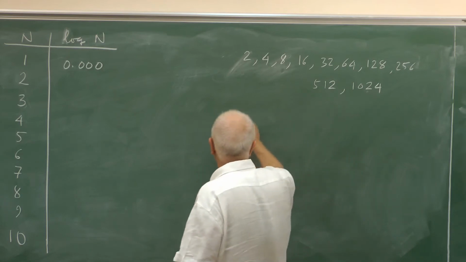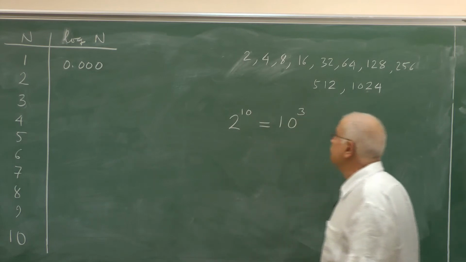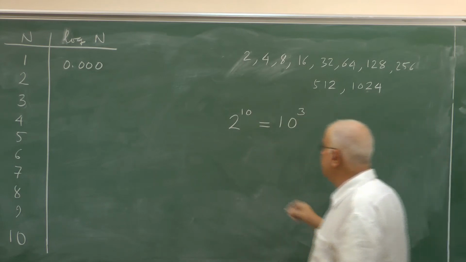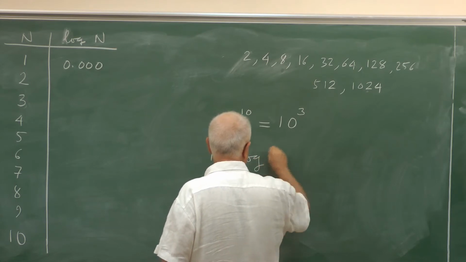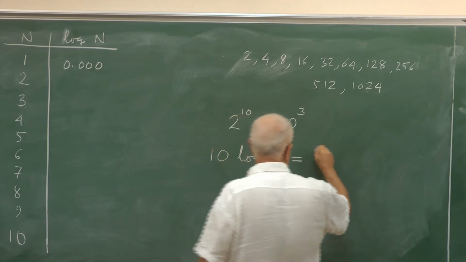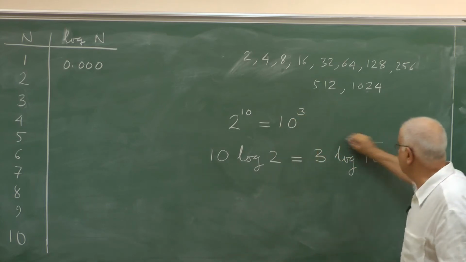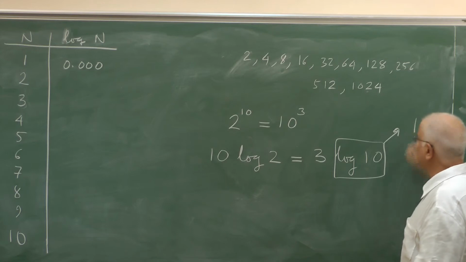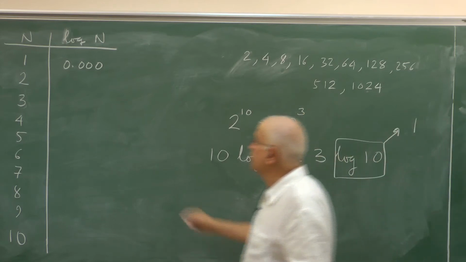Therefore, 2 to the 10 is 10 to the 3. So I go 10 times logarithm of 2 equals 3 times logarithm of 10. But logarithm of 10 is simply 1. Therefore, logarithm of 2 is 0.3.